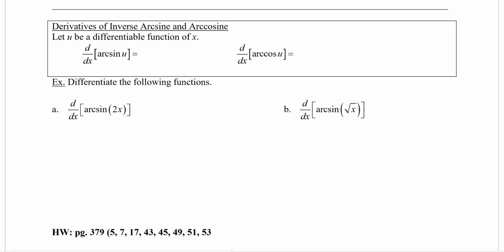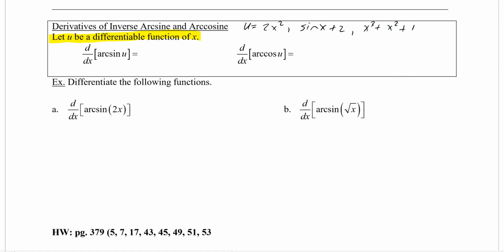The first one is the derivative of arcsine u. Now, u is a function of x. It says it right here: let u be a differentiable function of x. So for example, I can take u to be whatever I want it to be. I can make it 2x squared, or I can say that it is a sine plus 2, or some sort of polynomial of degree 3.